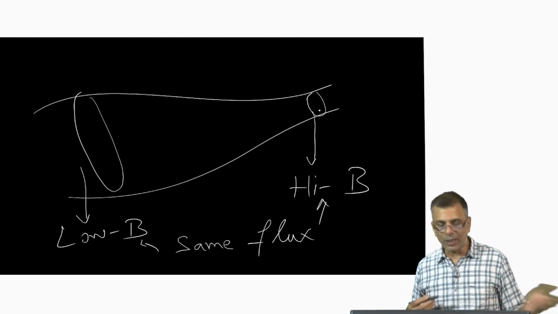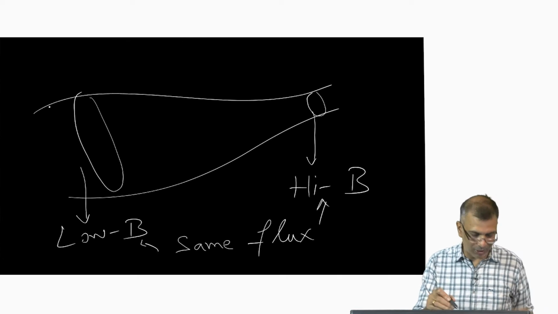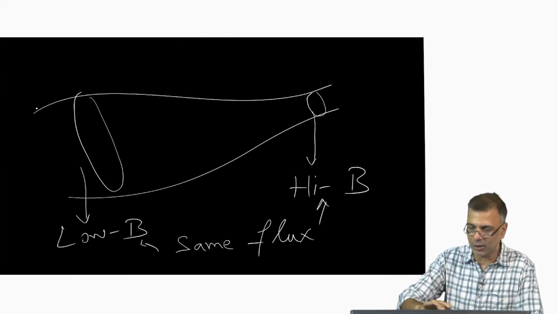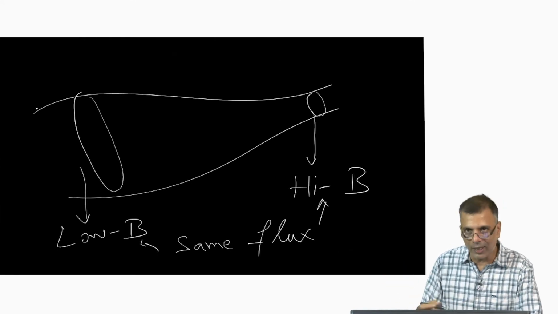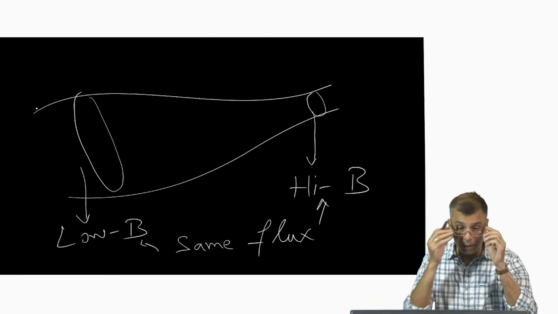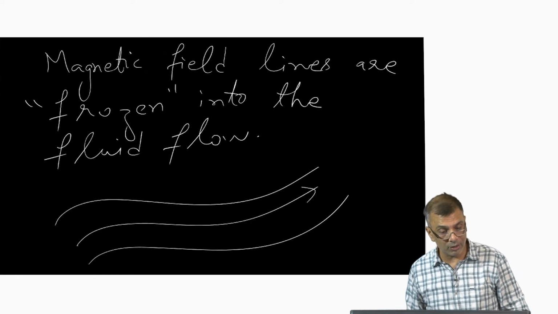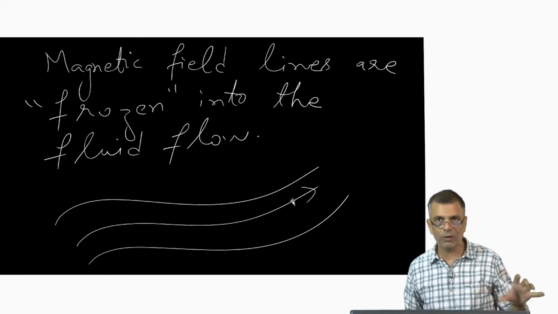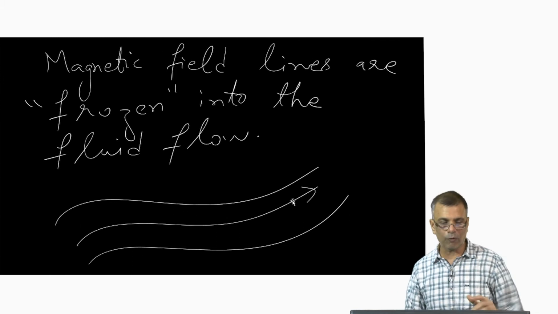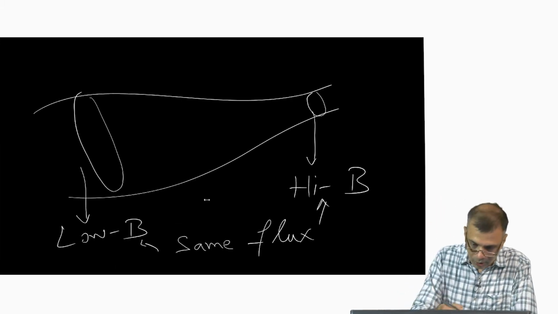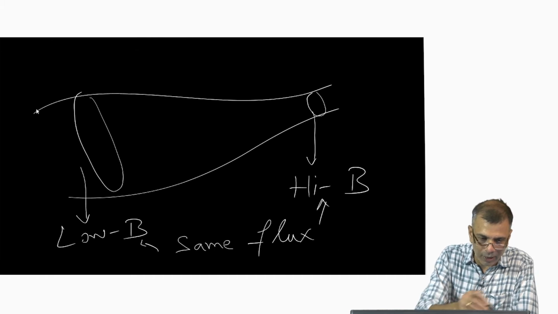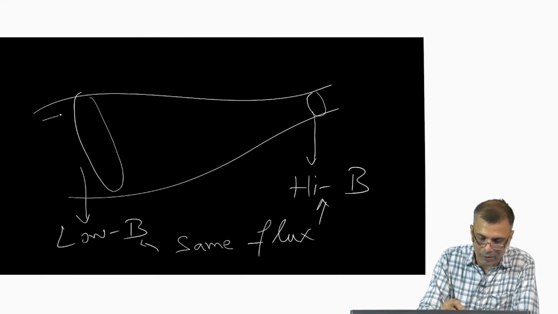Seen from the point of view of magnetic field lines, essentially what it's saying is that the magnetic flux tube constricted somehow for some reason, I don't know why, but it did. That's what the flow is doing. And we also said that the magnetic field lines follow whatever the flow is doing, they're frozen into the fluid. So it follows that the B field lines will look somewhat like this.